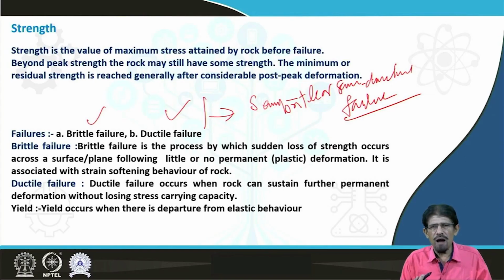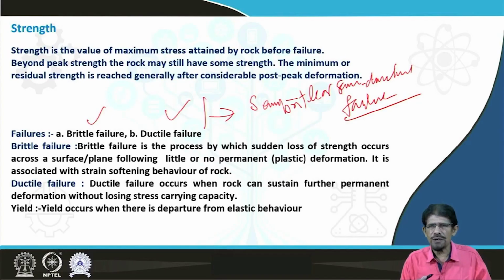This sudden loss of strength is characteristic of brittle failure, and this type of failure is represented by the development of brittle fracture. However, in case of ductile failure, there is no such sudden loss.